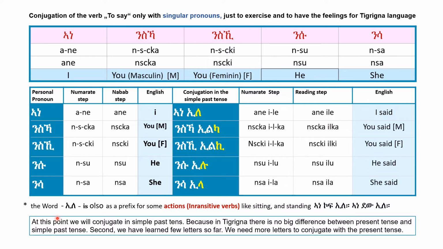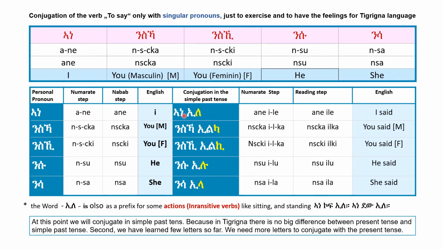Second, we have learned few letters so far. We need more letters to conjugate with the present tense. Ane, ile. Nisra, ilka. Nisri, ilki. Nisu, ilu. Nisa, ila.